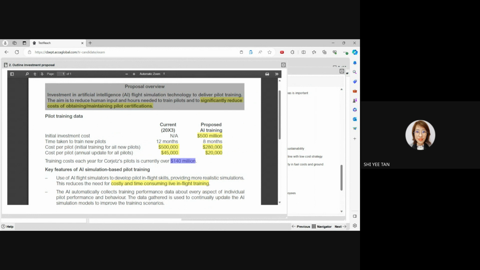So I would suggest that the initial cost is high, and given that now we have other costs which are very volatile, cost efficiency is something that we have to take note of when we decide whether we want to go for this investment or not. Right, so that is how I'm going to suggest it.